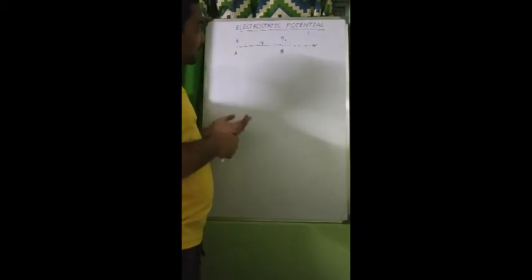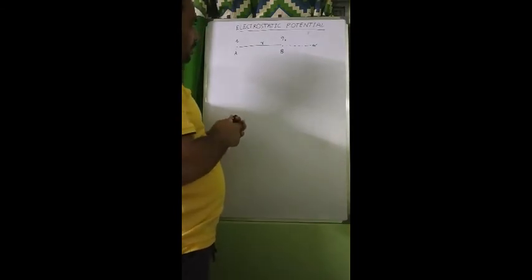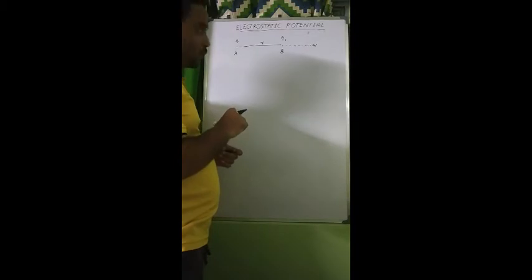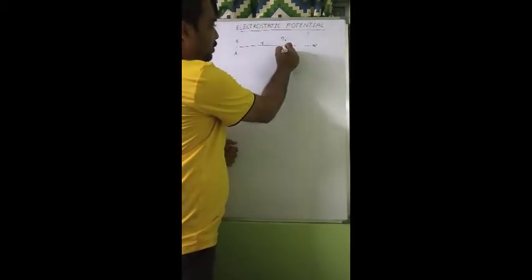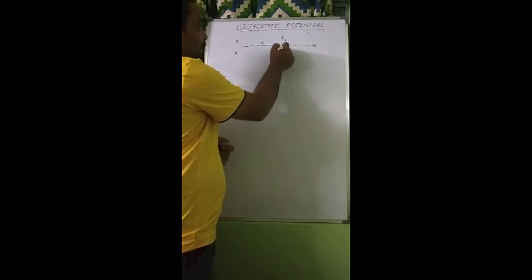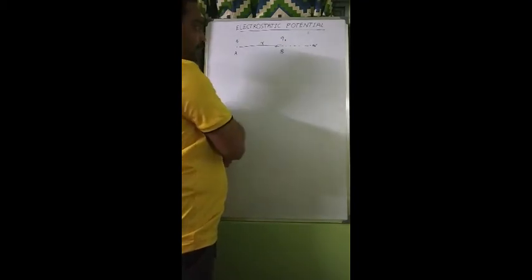Now, to find the expression for potential mathematically, there are two different approaches. One is to consider the work done due to an external force. What is that external force? While we are bringing this Q naught charge from infinity to this point, one force must be acting along this direction.